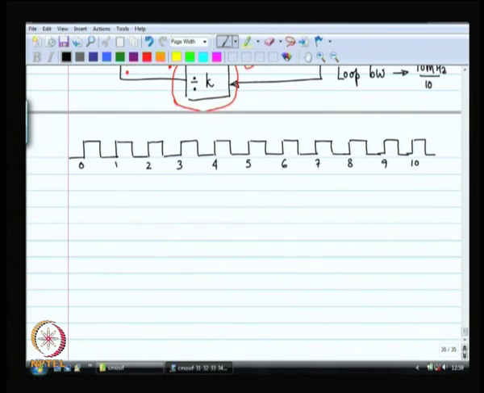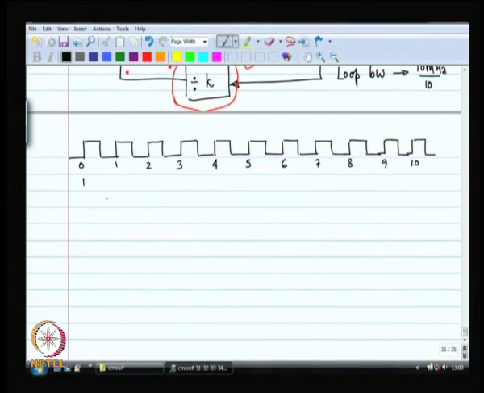And I am going to follow this algorithm that every 2 clock cycles I am going to divide by 2. So, for 2 clock cycles I am going to divide by 2, and for 3 clock cycles, I am going to divide by 3. Okay.